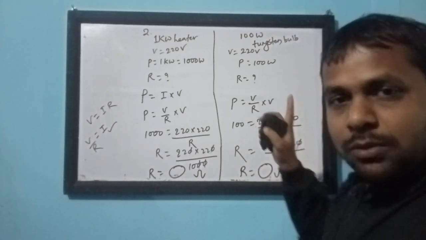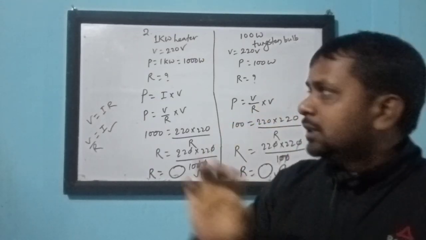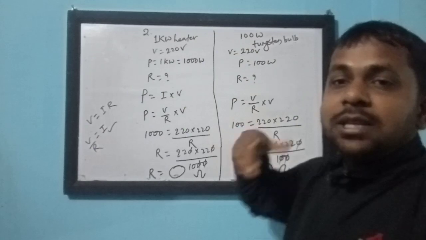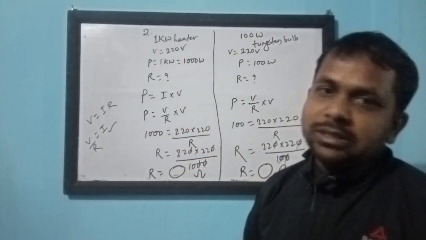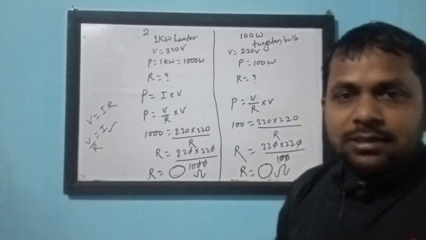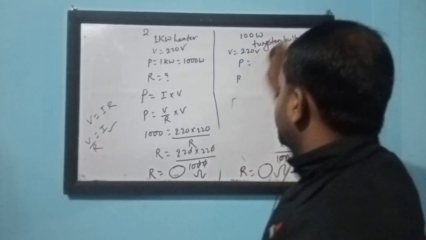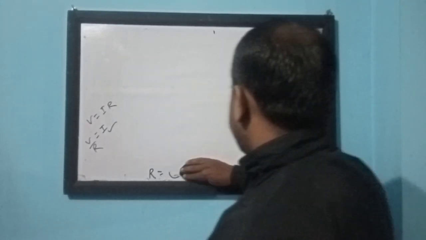Okay, you understood how to solve such type of numerical. If it is asked which instrument has more resistance, first you use the formula and calculate how much it is coming, and according to that you interpret your answer. Now another type of numerical we are going to understand.